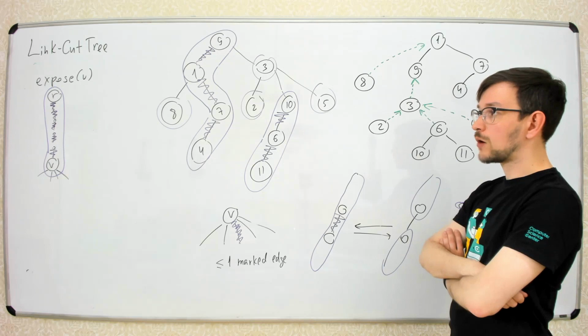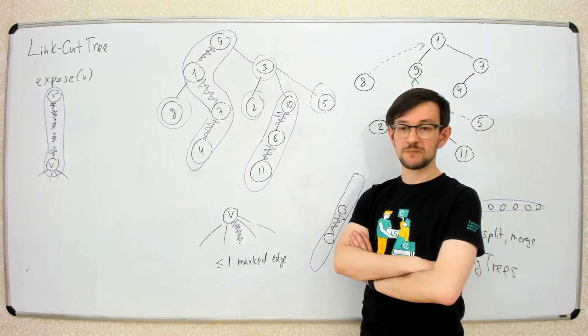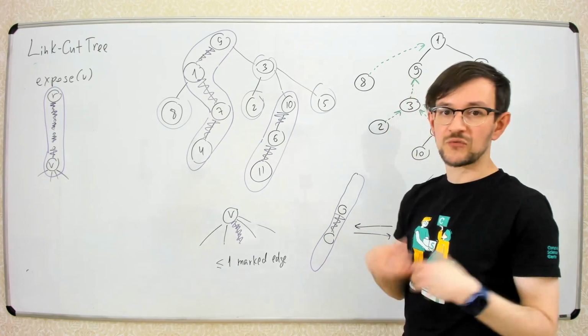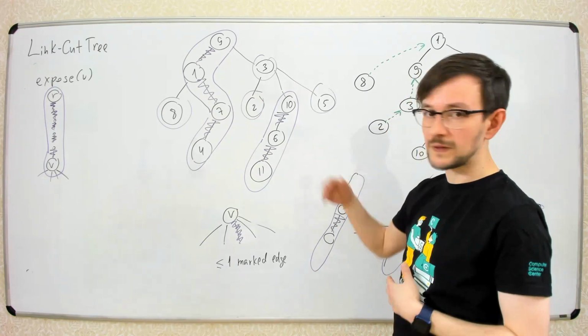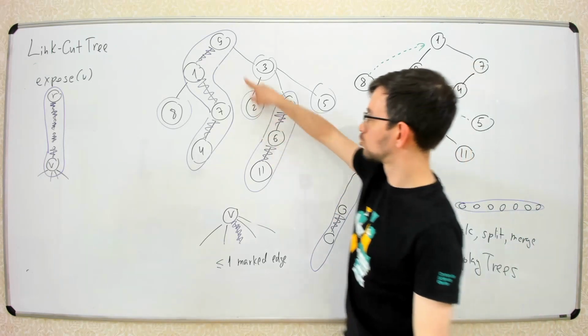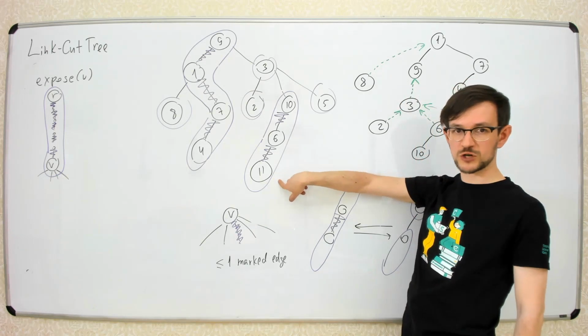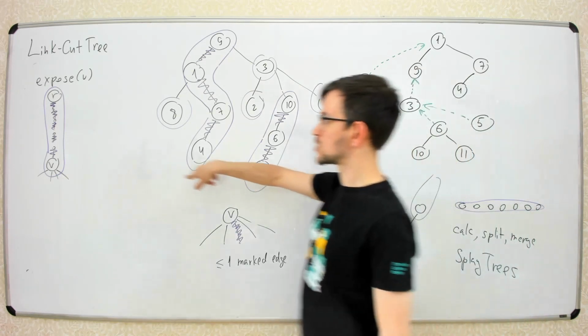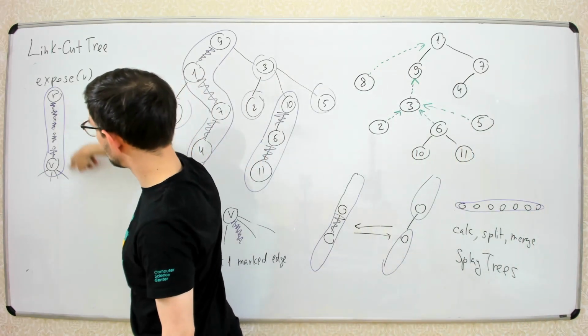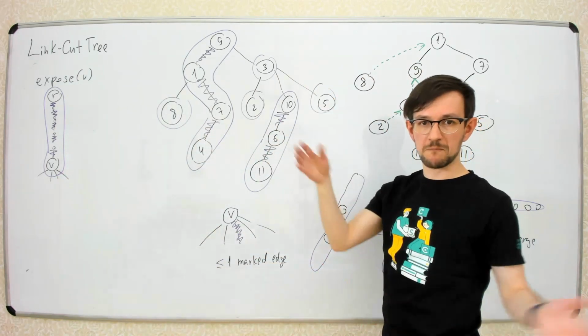Now, how will this operation help us to calculate the function? It's very simple. When you need to calculate the function in your link-cut tree, you need to calculate the function from some node to the root. You take this node and call the expose operation on it. This makes all the edges on this path marked, so now all these edges belong to the same path.